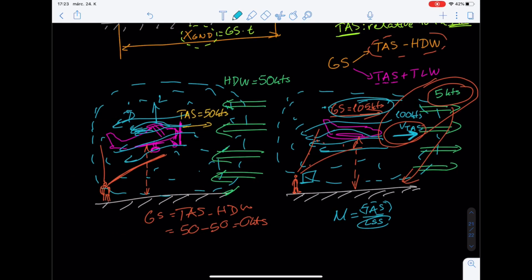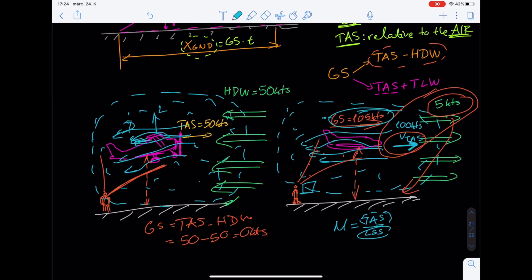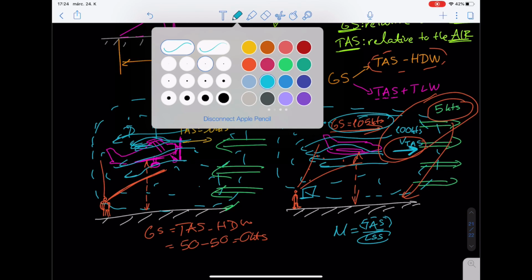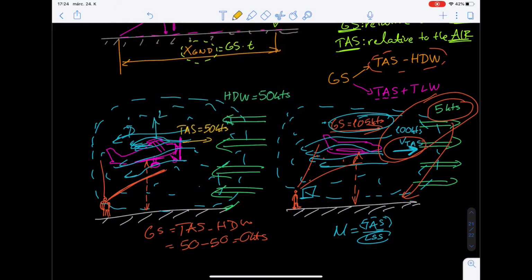And so both of these scenarios are important, because what's important from an aerodynamics point of view and how the aircraft is flying is what happens between the relative airflow and the aircraft. But from this perspective, and sometimes from performance, it is also very important what's happening relative to the ground, and this is when we need to take into account the effect of the wind.